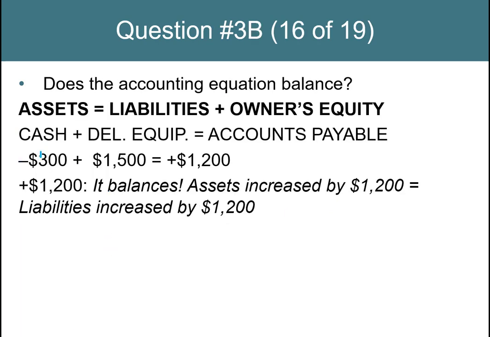So our cash will reduce by 300. Delivery equipment will increase by 1,500. This is the effect on our assets. Our liability will increase by 1,200. From this equation, you see that there is a 1,200 increase in assets and also a 1,200 increase in liability. So it is balanced.